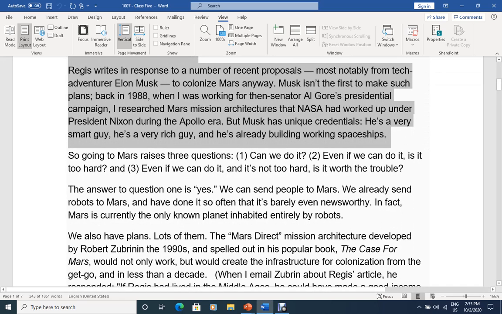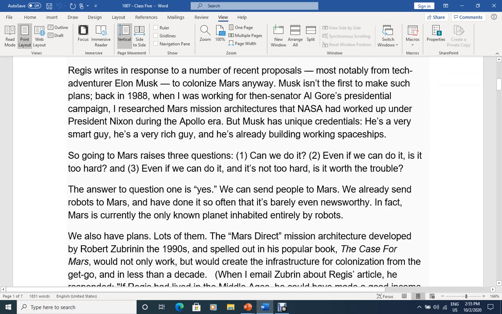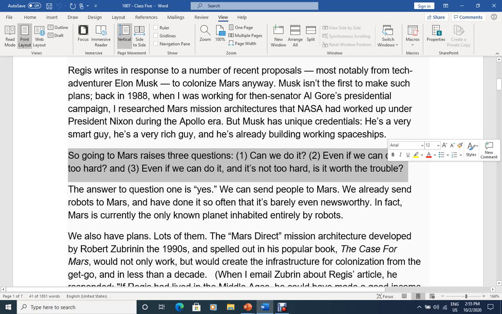Then we get this very small, very helpful paragraph where he says, so going to Mars raises three questions. Can we do it? Even if we can, is it too hard? And even if we can do it and it's not too hard, is it worth the trouble? This little paragraph helps us understand the structure as well, because it shows us how the entire rest of this article is going to be structured.